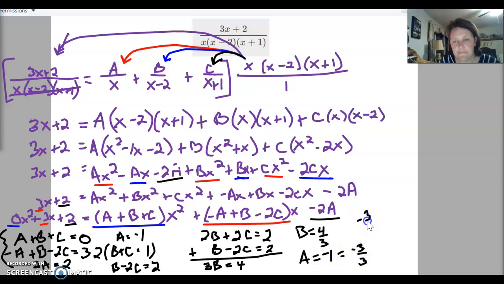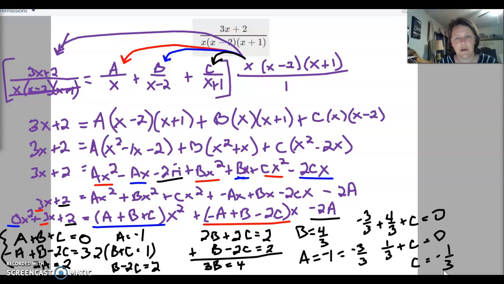So a plus b plus c must equal 0. Negative 3/3 plus 4/3 is going to be 1/3 plus c equals 0. Subtract 1/3 from both sides, and we'll get c equals negative 1/3. And so that becomes our answer.